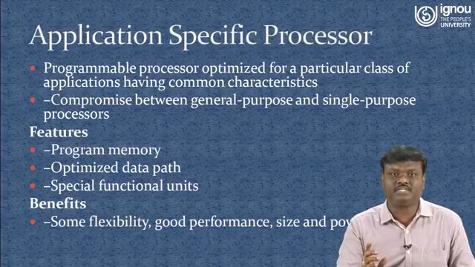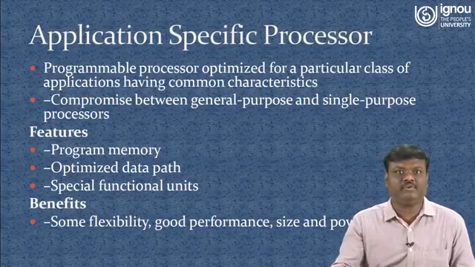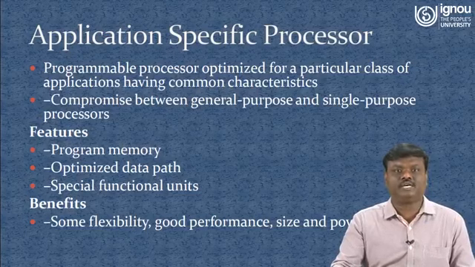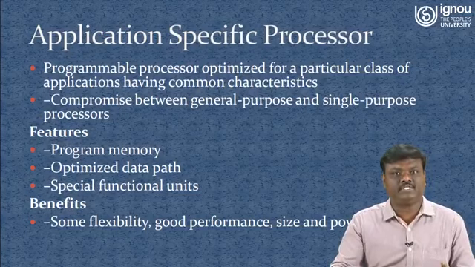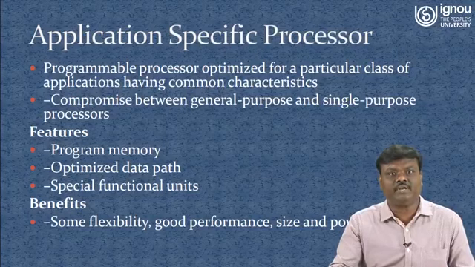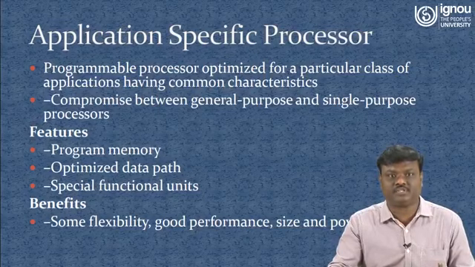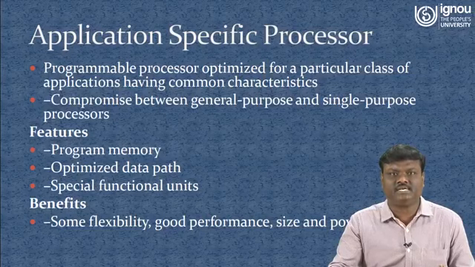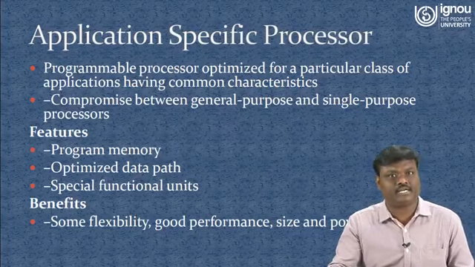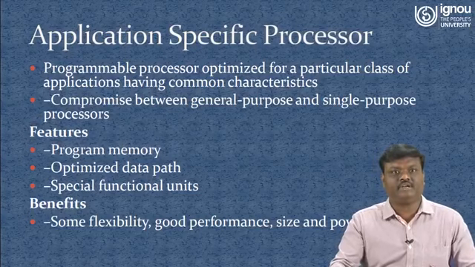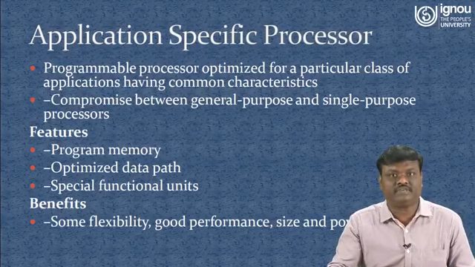So a particular specific application it will be dealing with. It is a compromise between general purpose and single purpose processors, and the features are program memory, optimized data path, and special functional units. The benefits are limited flexibility, good performance, small size and lower power consumption.